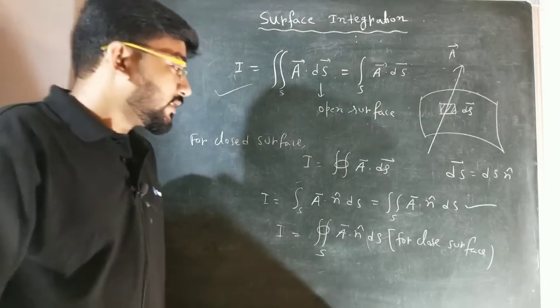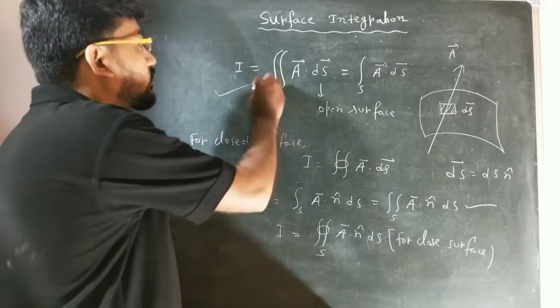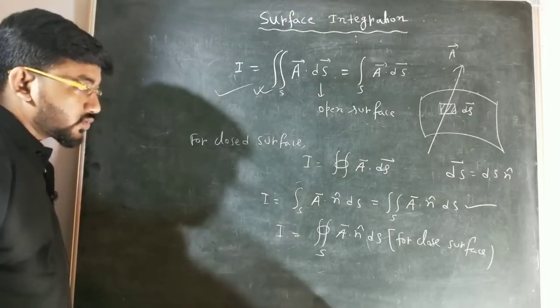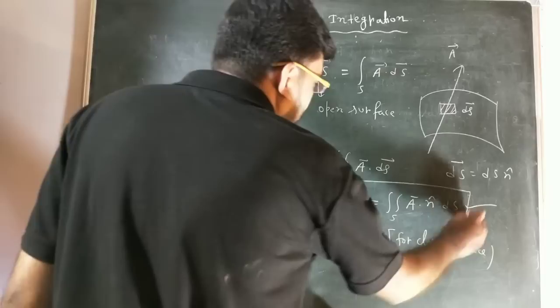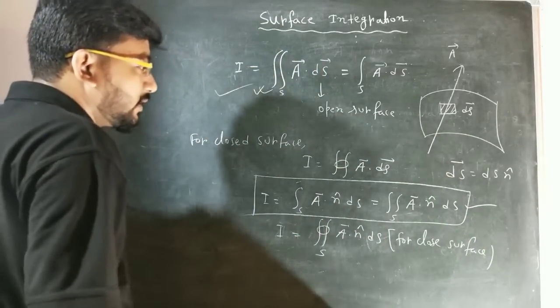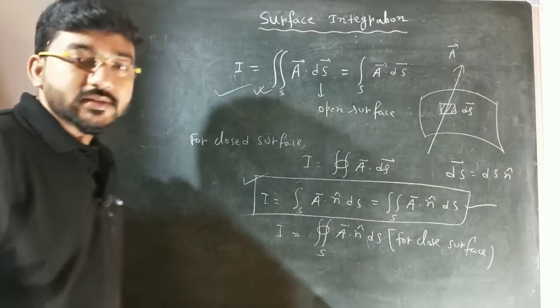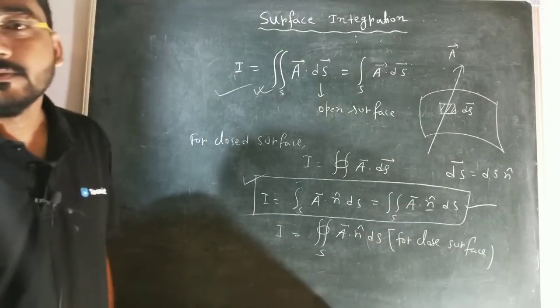But the challenging thing is to solve this surface integration. We will solve this integration mainly by using this form for an open surface, or for a closed surface you can write it like this. But initially we will learn how you can solve this surface integration by using this n cap and the ds.